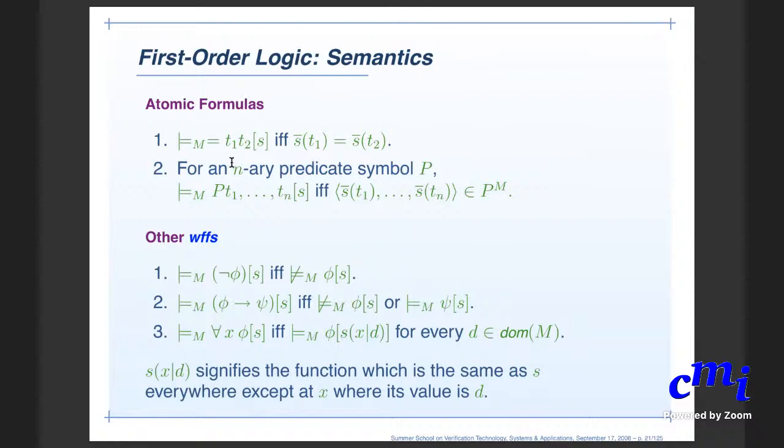One of the atomic formulas is the equality one, constructed using the predicate symbol equality. Equality applied to two terms, T1 and T2, is true if and only if the value that S bar assigns T1 is equal to the value S bar assigns T2.